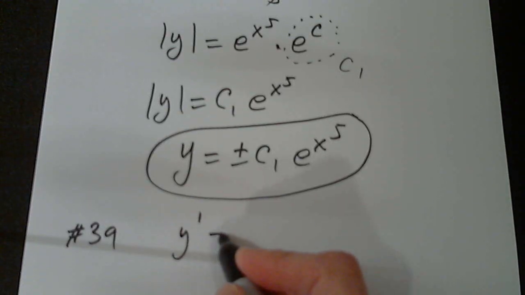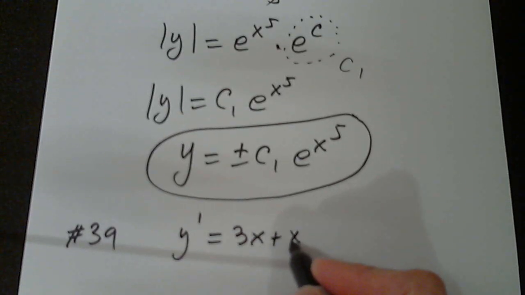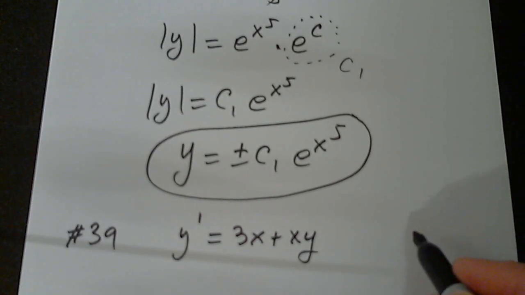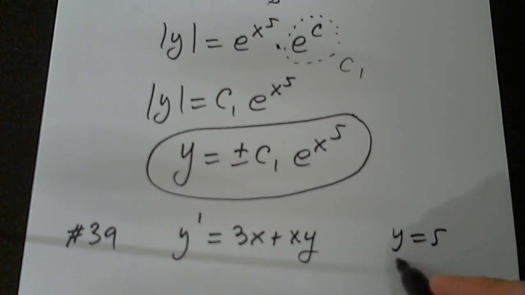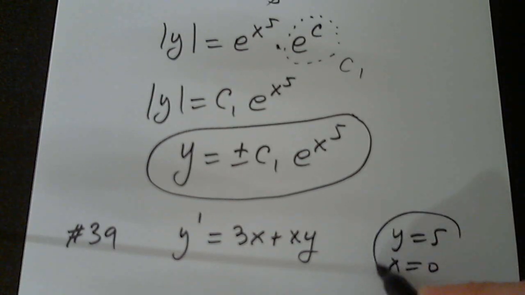So we have y prime equals 3x plus xy. And they're telling us that y equals 5 when x is 0. So this is very clear. There will be no ambiguities. We'll know exactly what is going on. Can anyone suggest something? Because we need to make a change in this equation. What should the change be? What do you think?